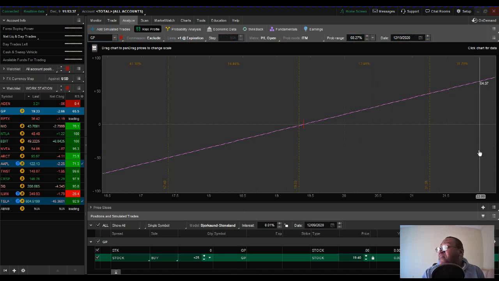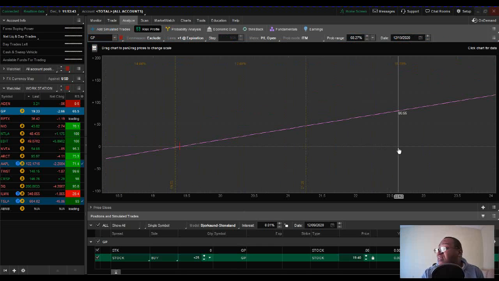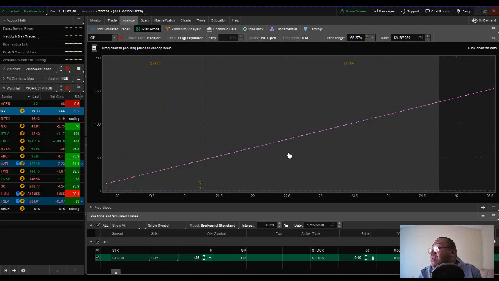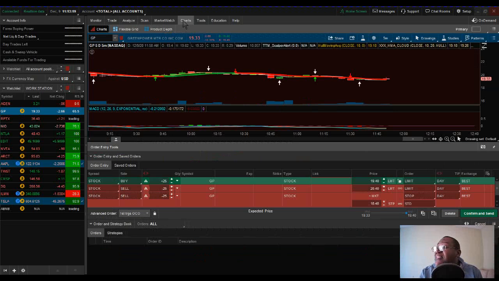See, it reached 30. So what I'm looking for this one, really, the $25 mark is what I'm really looking for with this. Let's go back here to the chart.